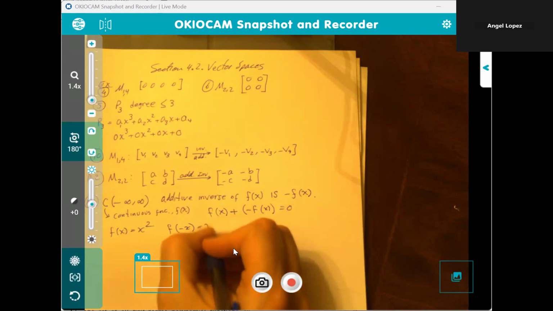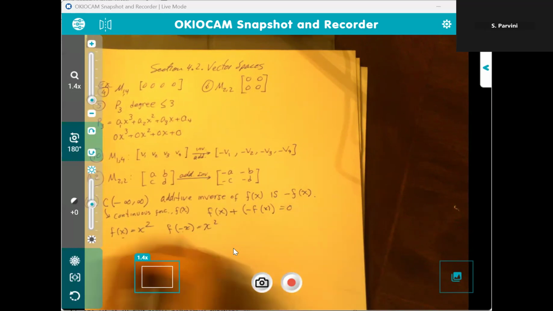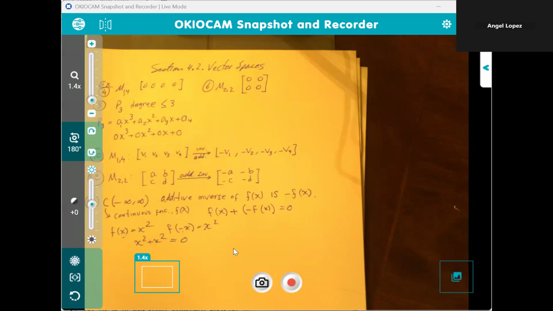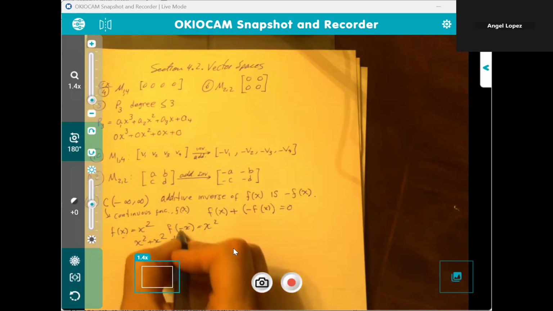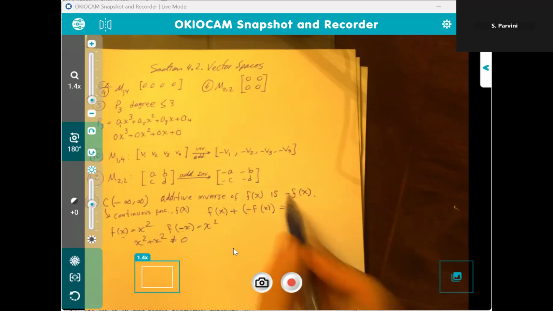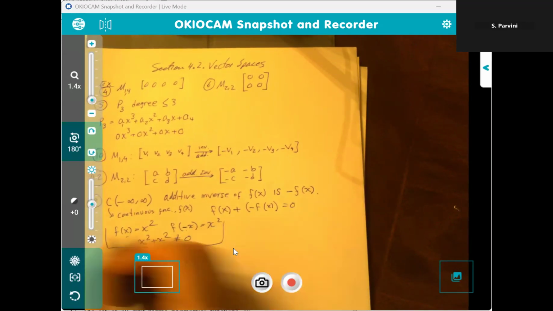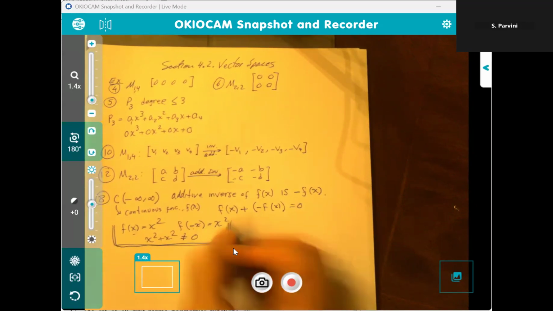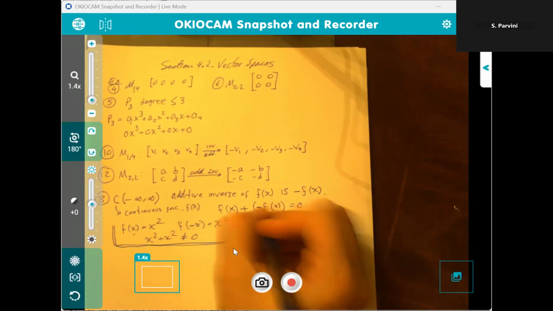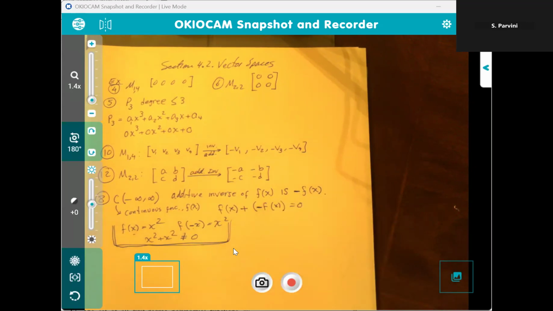The same function. If I add them together, do I get 0? No. So that's why it's negative on the outside. So it's got to be negative f of x. Any function you make up, take the opposite of it, you add it, you get 0. So thank you for asking that. That's why it's got to be a negative f of x.